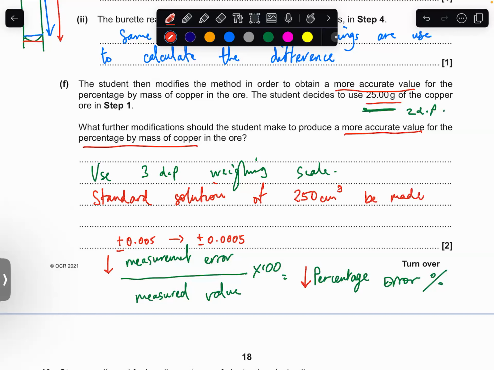And from that standard solution, we can repeat the titration to achieve consistent, or the term we're looking for, concordant results. Concordant results are usually within 0.10 of each other. Yep, I think that's the end of that question. See you tomorrow.